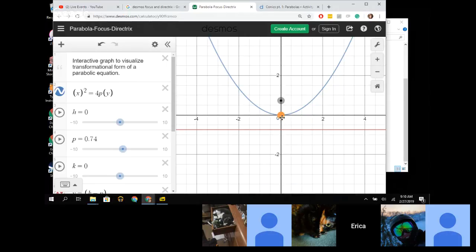This yellowish, goldenish point is your, does anyone know what that's called?